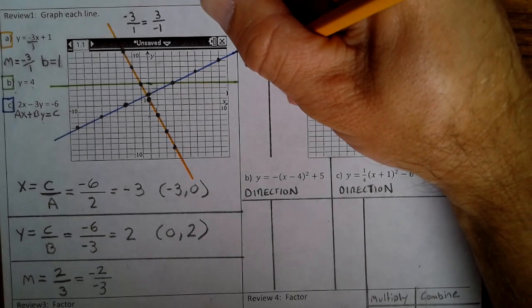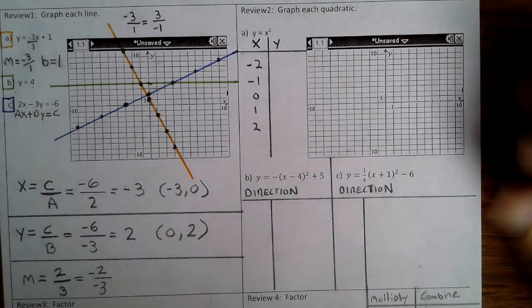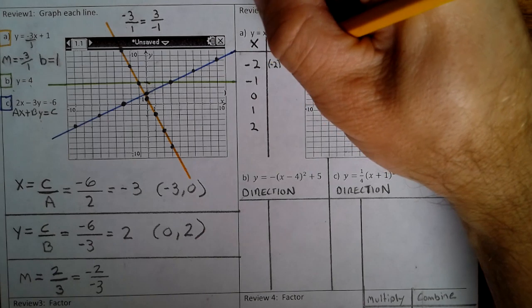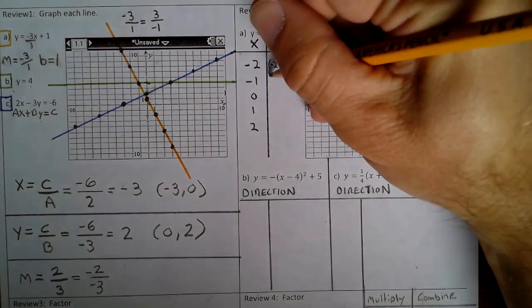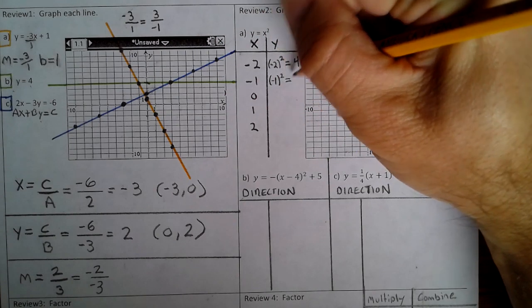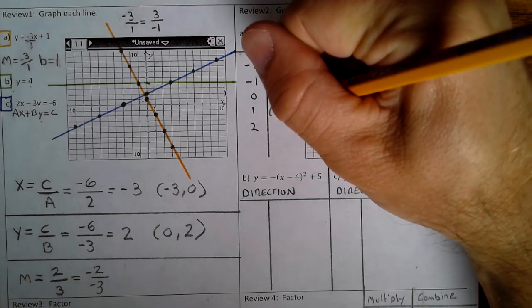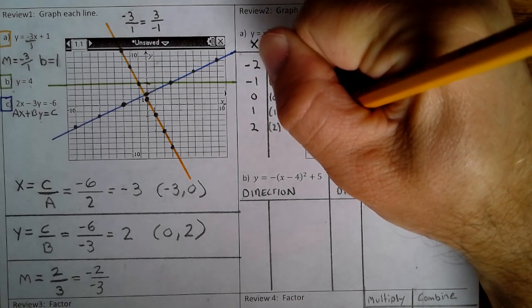So let's use when x is -2, -1, 0, 1, 2. Okay, so -2 squared is 4. -1 squared is 1. 0 squared is 0. 1 squared is 1. And 2 squared is 4.